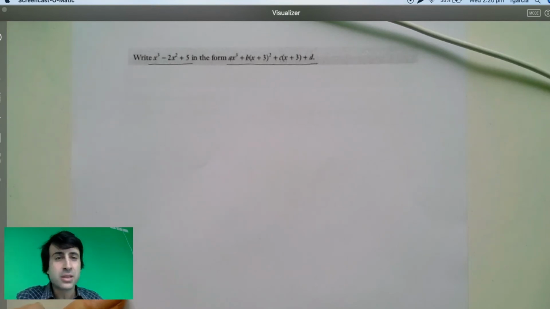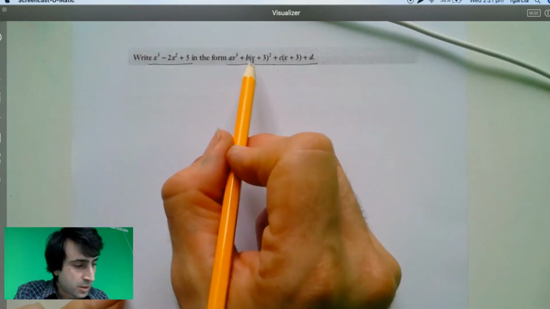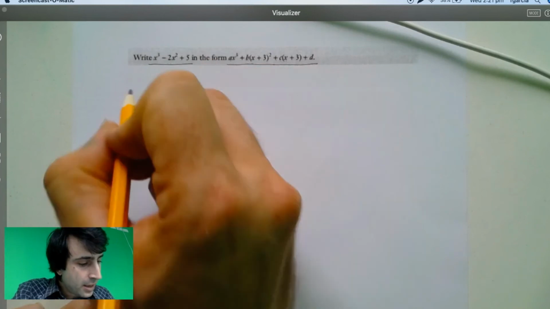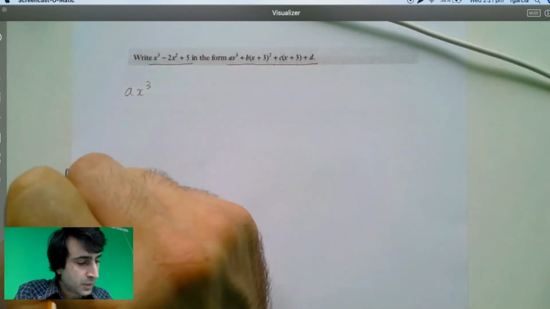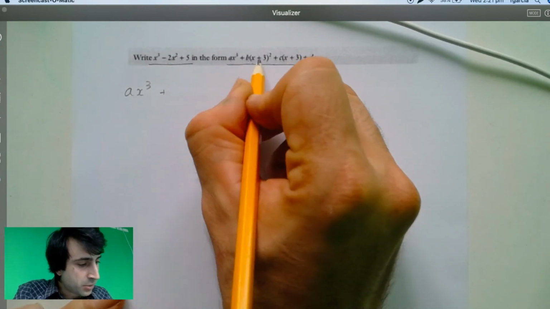It's always better to have a go and learn after you've had a go, because then you know what sort of questions you need to ask. What I'm going to do now is play around with this a little bit, because I want this to look kind of like that. So I'll say, okay, ax cubed is pretty much just by itself, plus b(x plus 3) squared.